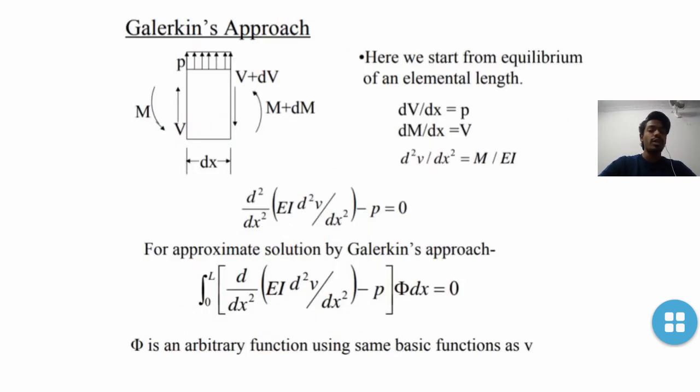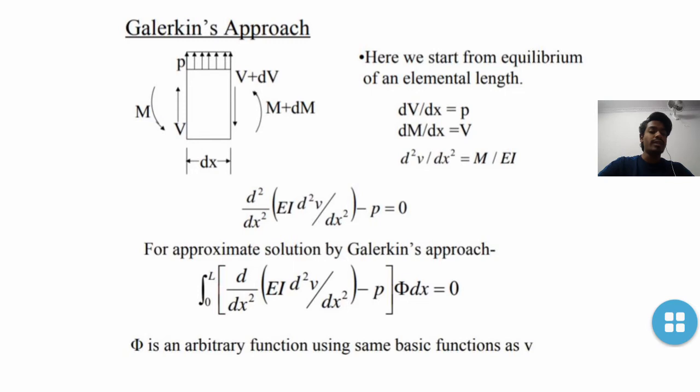Galerkin's approach. Here you can see the stress deformation in the diagram, and there are some more mathematical formulas. We start from equilibrium of an elemental length, where dV by dx equals p and dM by dx equals V. So d square v by dx square equals M by EI.